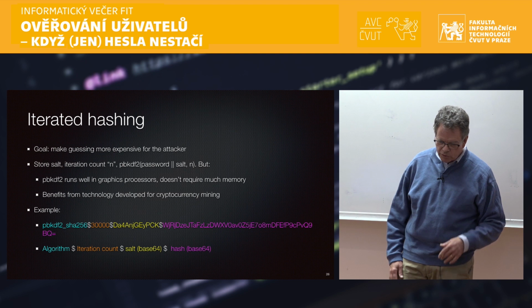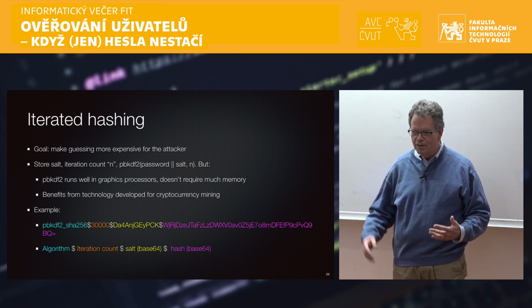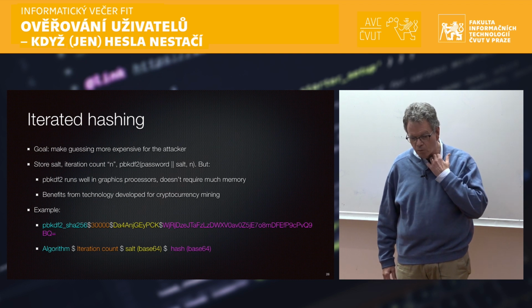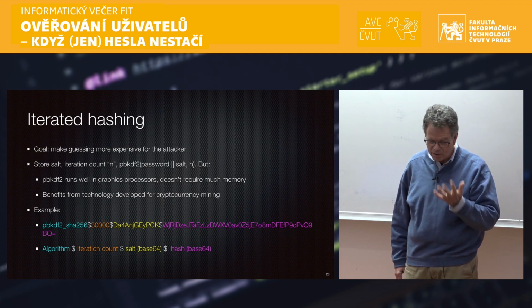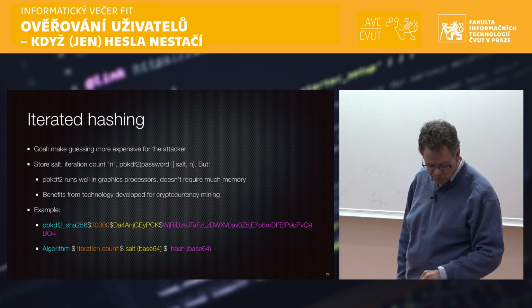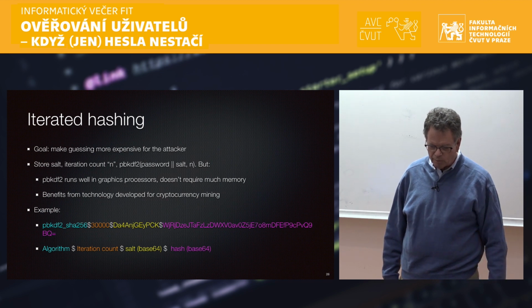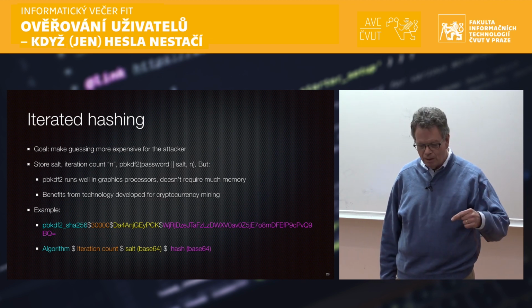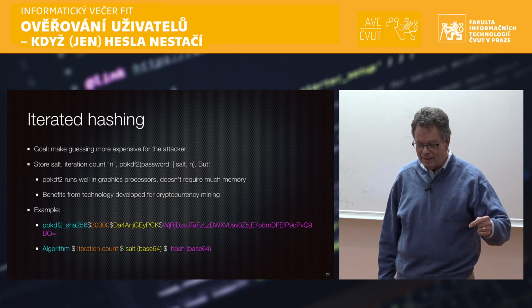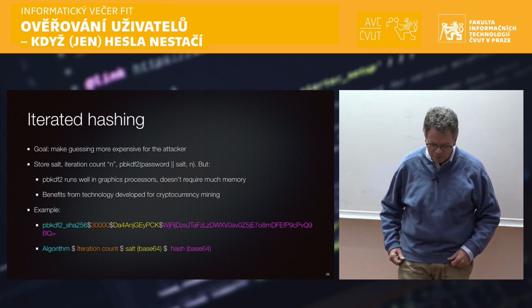So what we do is what's referred to as iterated hashing. There are a number of approaches, and there are actually more sophisticated algorithms as well. One that we talk about is PBKDF2, password-based key derivation function version 2. I think that's what it stands for.